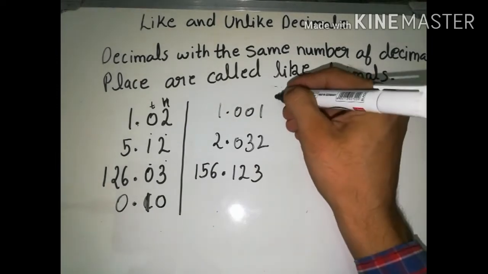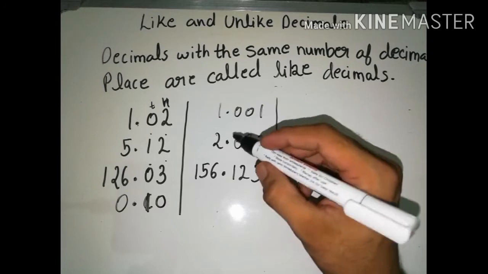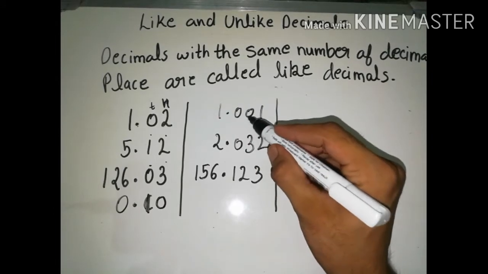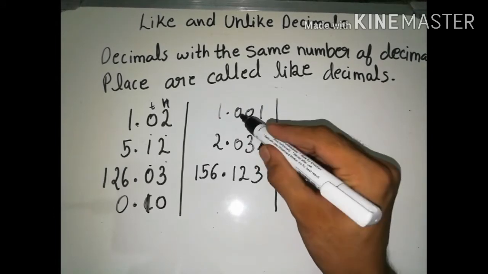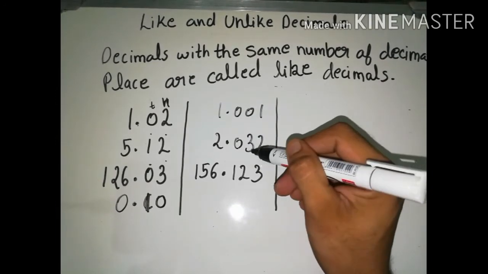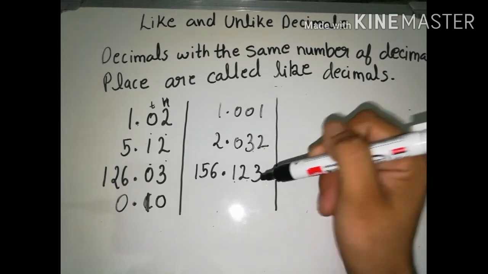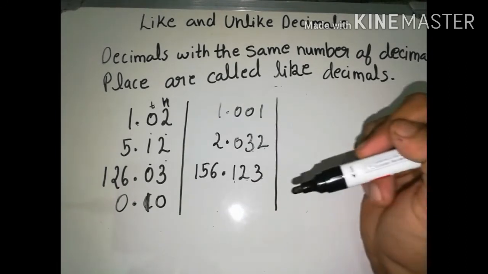This group is also like decimals because they all have the same number of places after the decimal: tenths, hundredths and thousandths.